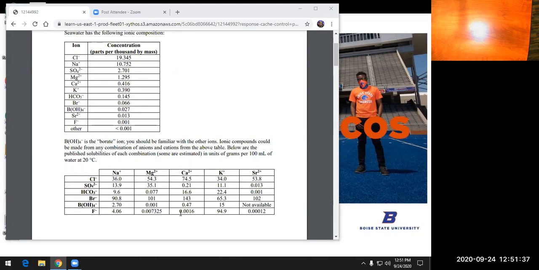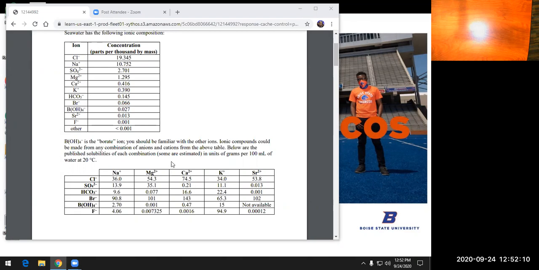Each time you go down to the next period, you are adding an entirely new shell of electrons that are part of the core. The more electrons you have, the more polarizable that electron cloud is, meaning the stronger induced dipoles you can have. And remember, induced dipoles include London dispersion forces, because that's induced dipole, induced dipole.